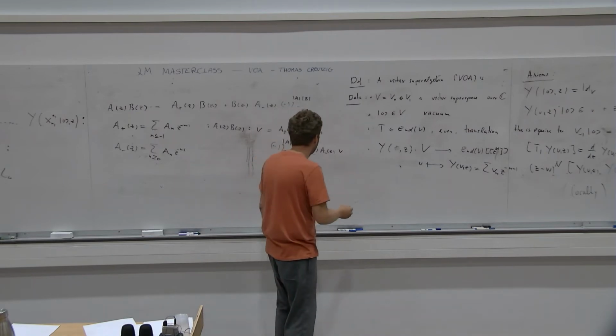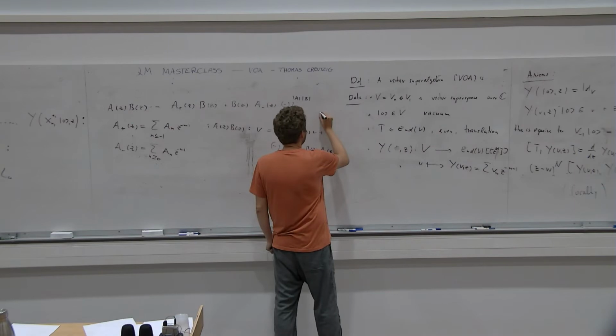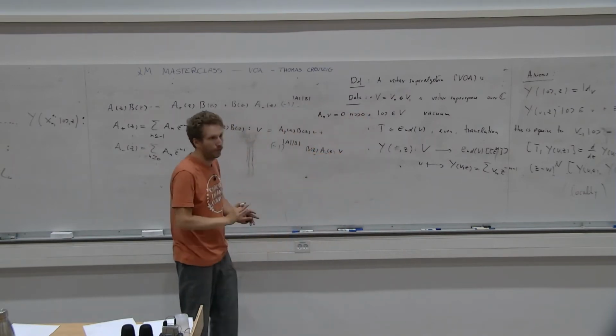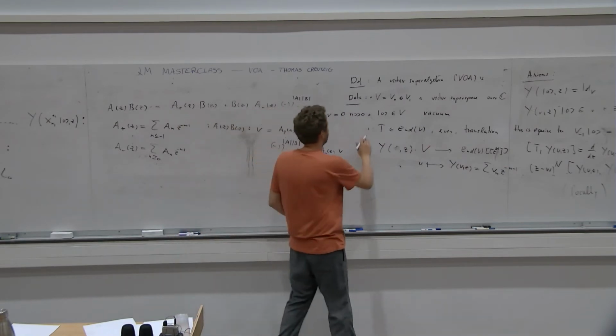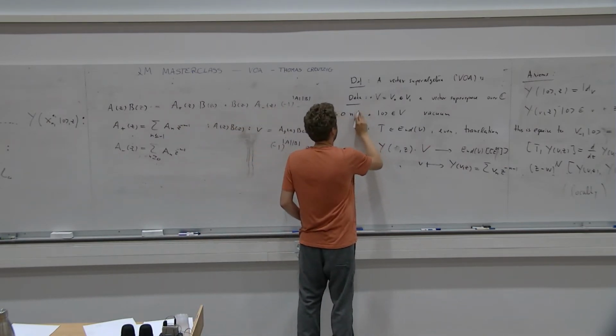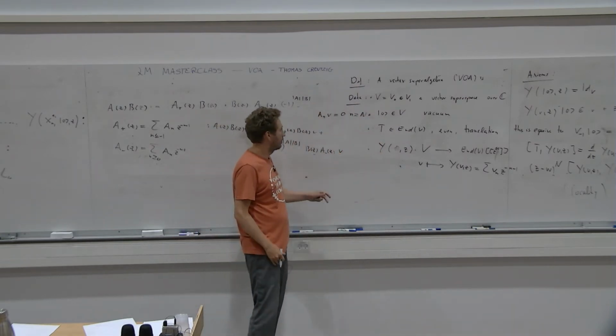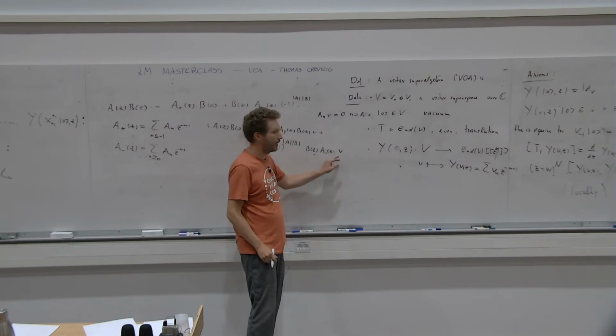So the property will hold that for any given vector, A_n V will be equal to 0 if n is too big, too positive. That means if n is greater or equal N for some fixed non-negative integer N depending on V.